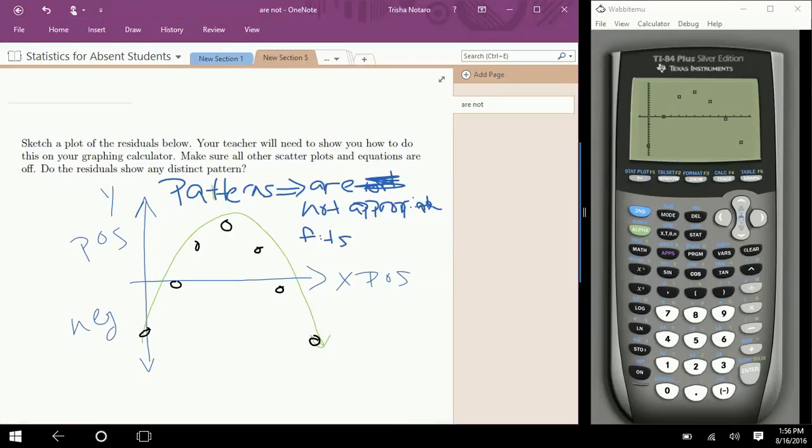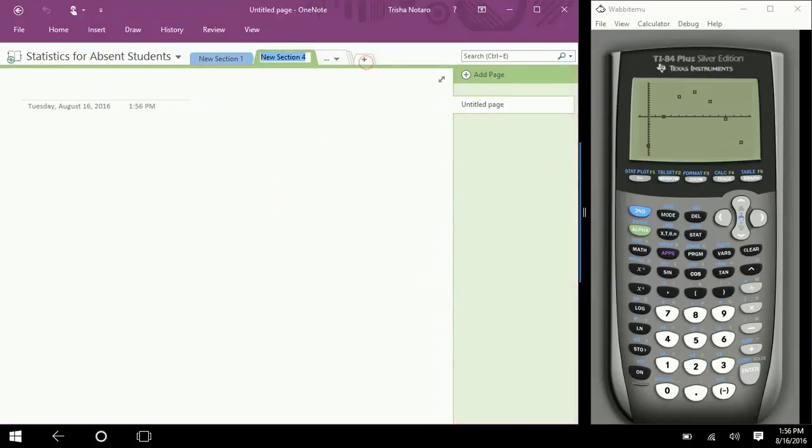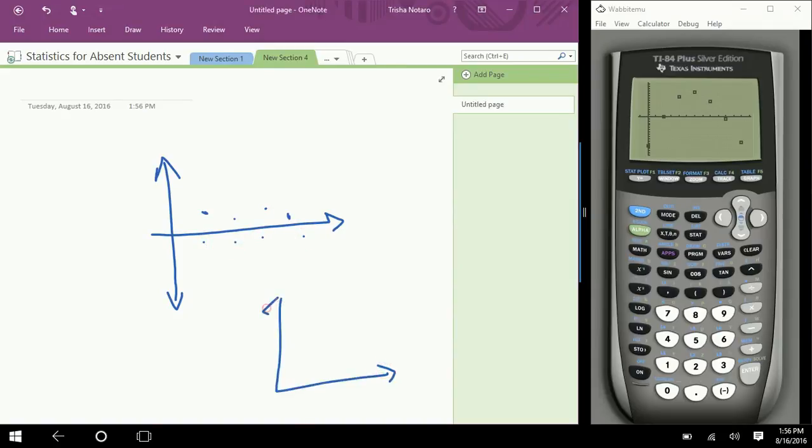A good fit looks like you've got some up, you've got some down. Okay, just like a scatter plot. A scatter plot, we say it's strong if it's all going up, right? If it's increasing from left to right, all the points are scattered around it.